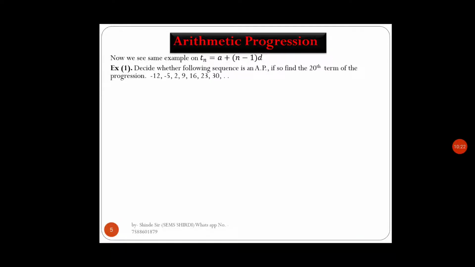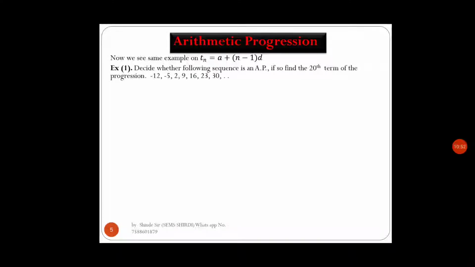If so, find the 20th term of the progression minus 12, minus 5, 2, 9, 16, 23, 30 and so on. Here we have been given one sequence. First of all, we decide whether the given sequence is an AP or not, and then we find the 20th term.